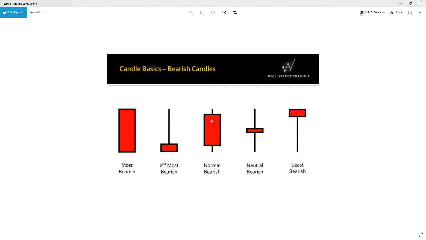This would be a normal bearish candle, like what we saw on our last picture, because you have a highest price reached, lowest price reached, and this is the body. This is neutral bearish. What does this mean? When you see a candle like this, there was equal selling and buying pressure from each side of this candle that squished it into a little sandwich.